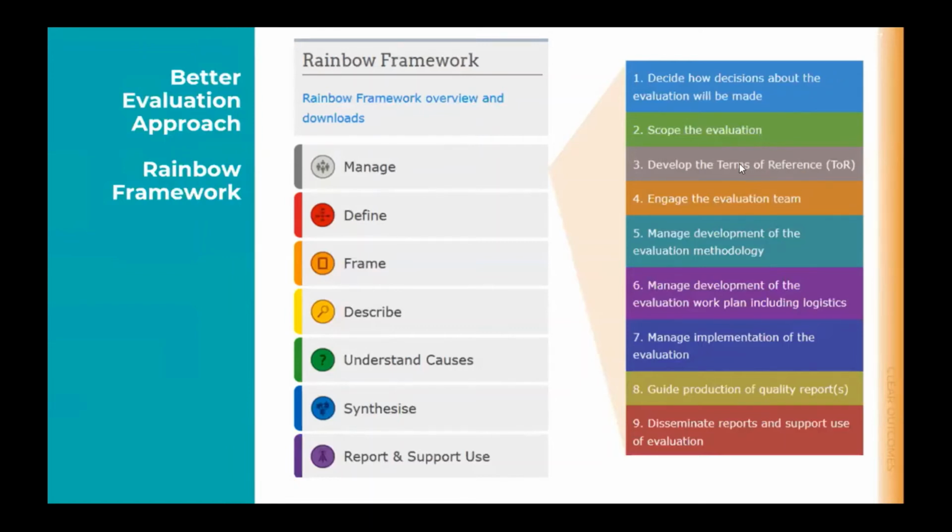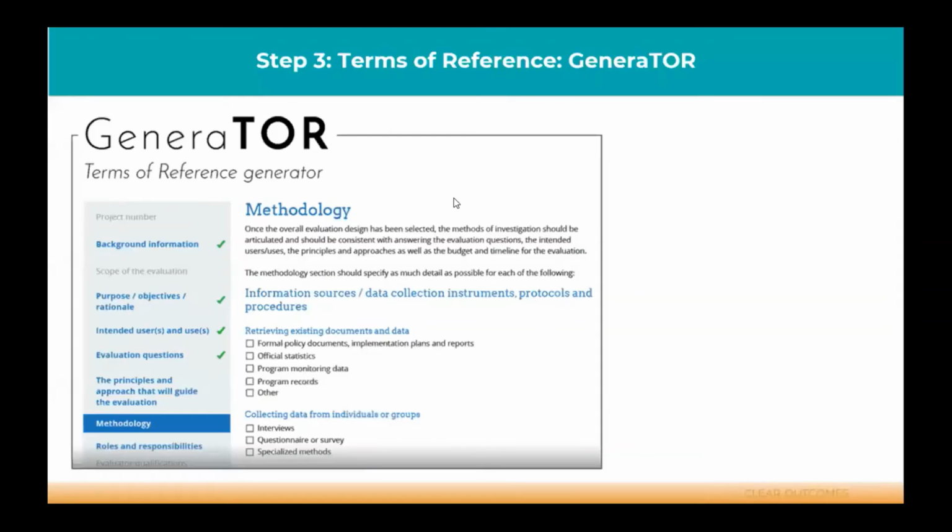The terms of reference is a very important document, especially if you commission an evaluation, so you would manage an external company doing an evaluation. And Better Evaluation has a very nice tool to help you develop a good terms of reference. It's called the terms of reference generator.